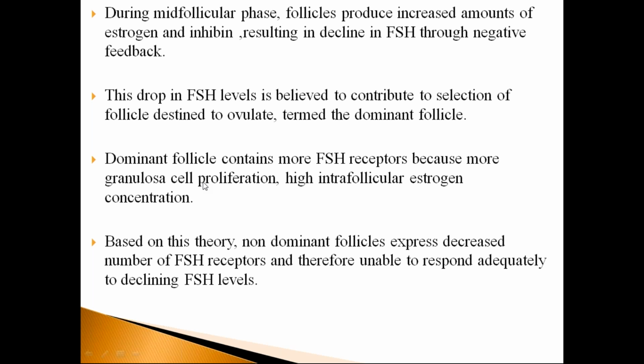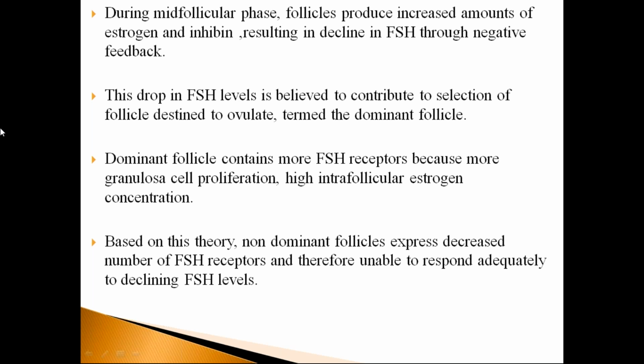The dominant follicle usually has more FSH receptors compared to other follicles. So when FSH levels are low, due to more FSH receptors, only the dominant follicle continues to grow, and the remaining follicles become atretic. Thereby, a follicle is selected as the dominant follicle, which is destined for ovulation.